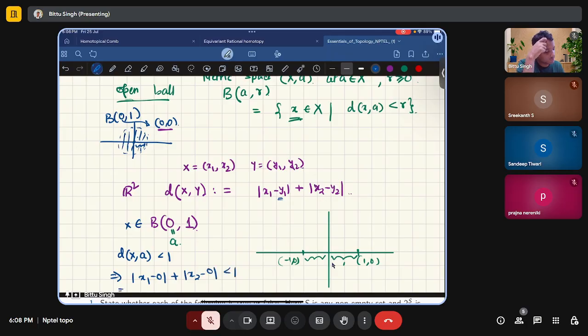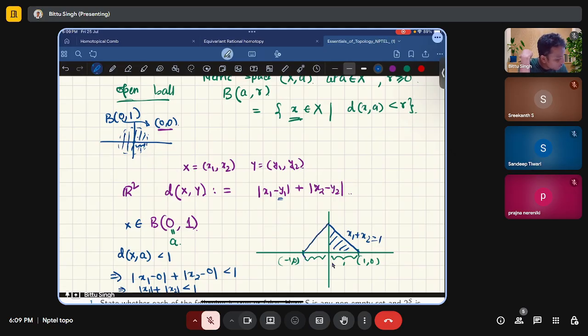That area can be drawn like this. You can see this line is x1 plus x2 equal to 1, and all those points are in the open ball.